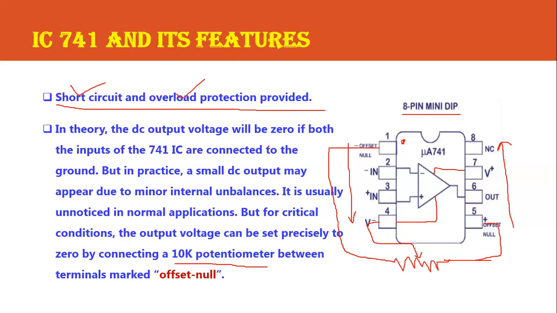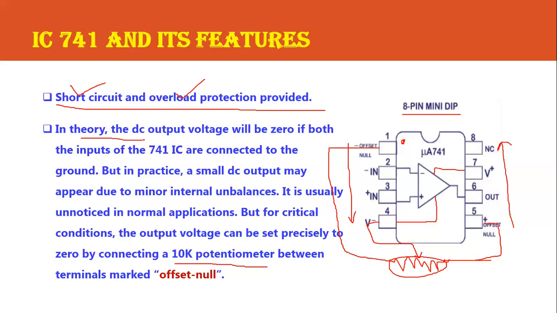Next, the offset null voltage. We can adjust the offset null voltage to 0 by adjusting the 10 kilo ohm potentiometer connected between the first pin and the fifth pin of the IC.